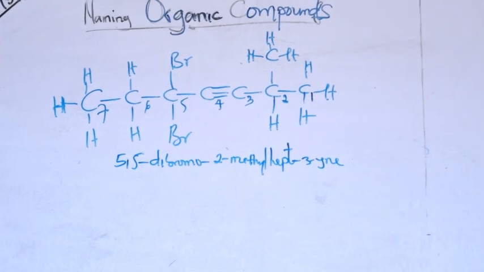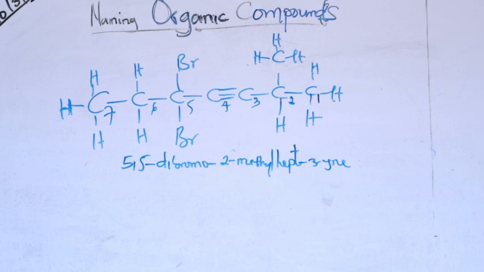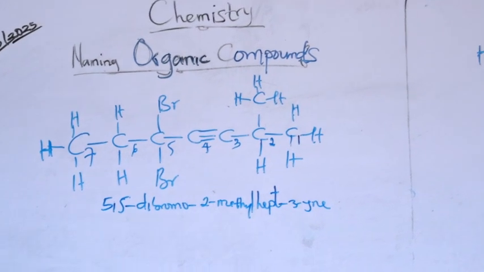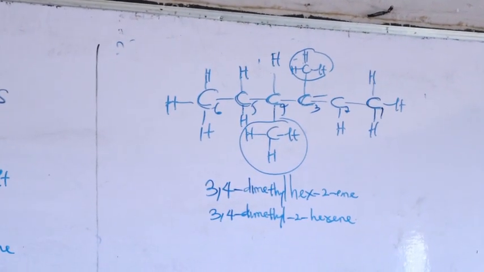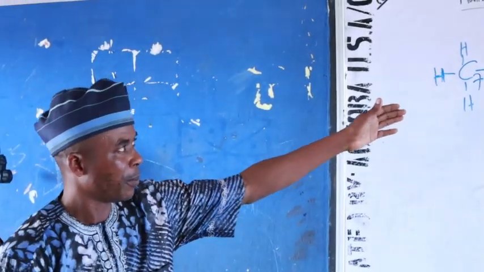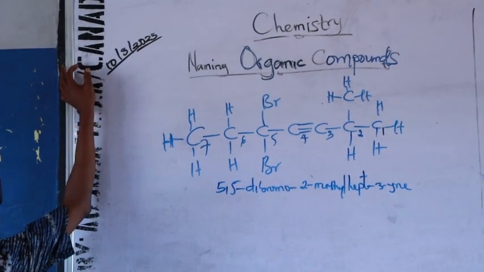It's very simple to name organic compounds. You may be given the structure in condensed form. Previously, you had the structural formula where all the bonds were shown.